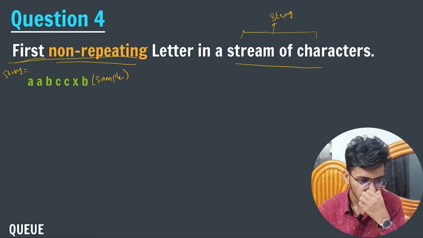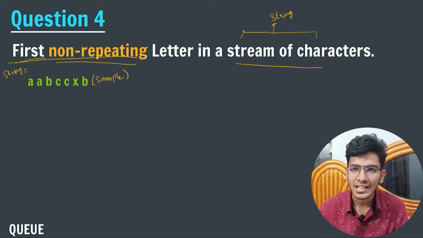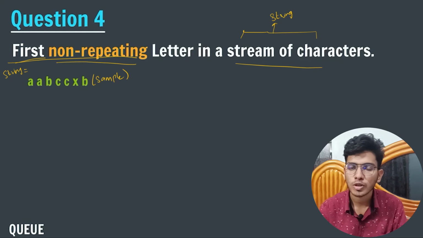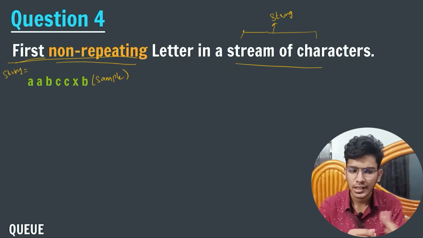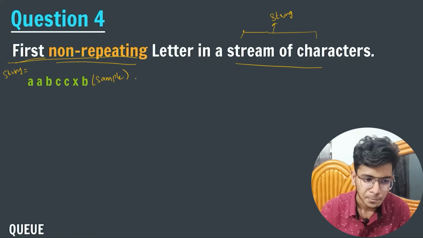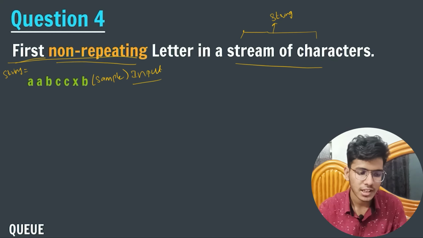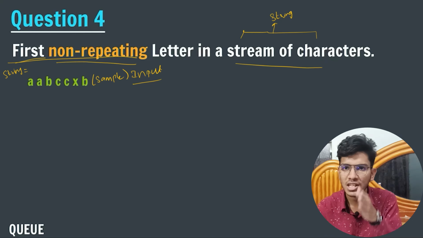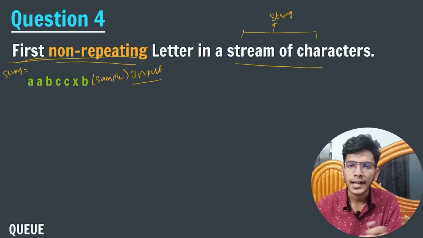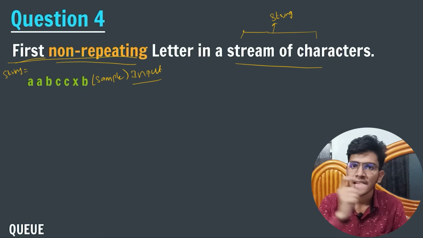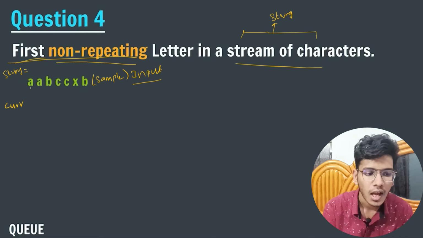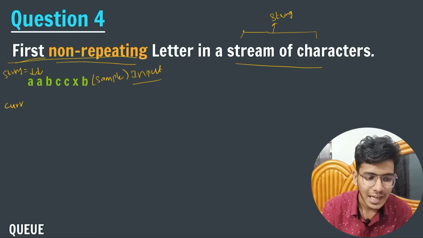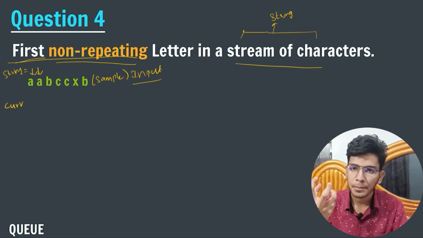Now in this question what we generally do is, first of all, I will create a current string which stores the characters of the given string. So this is a given string, right? You can see that this is my sample input, and in the sample input we have been given a string. So I will iterate through each and every character of the given string, and I will add that character into my current string.